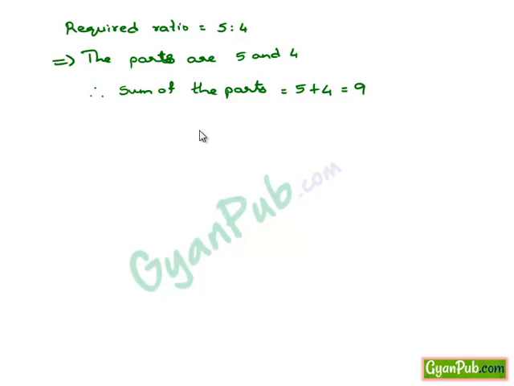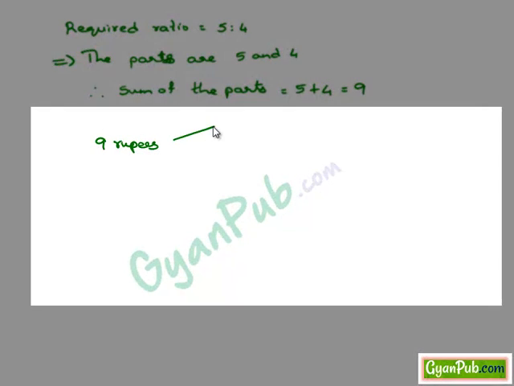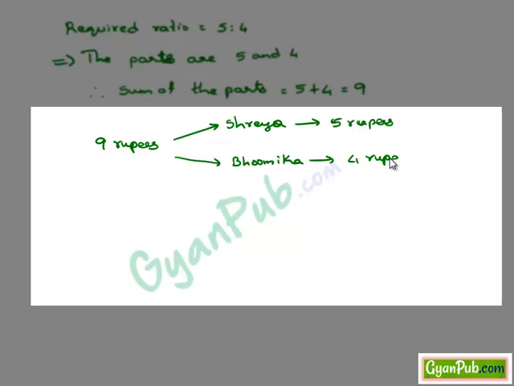This means if there are 9 rupees, Shreya will get 5 rupees and Bhoomika will get 4 rupees.